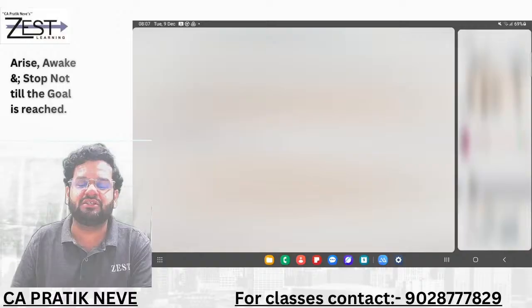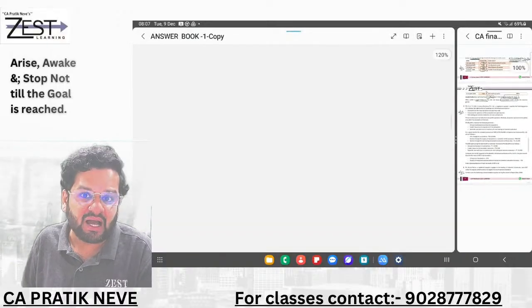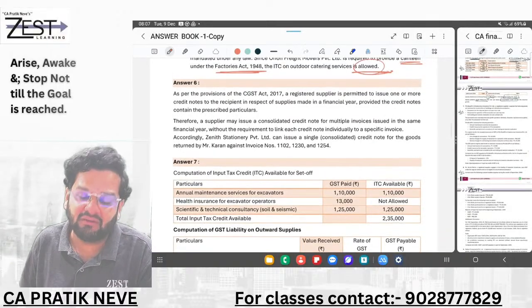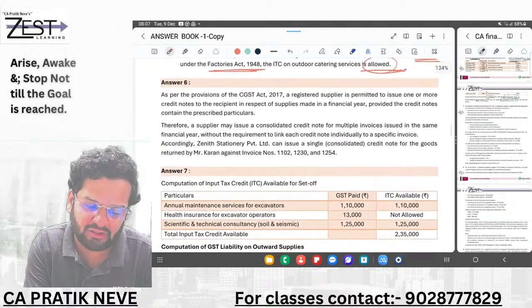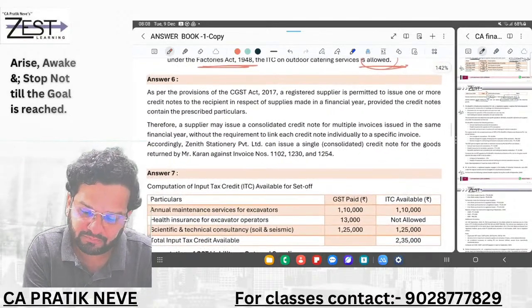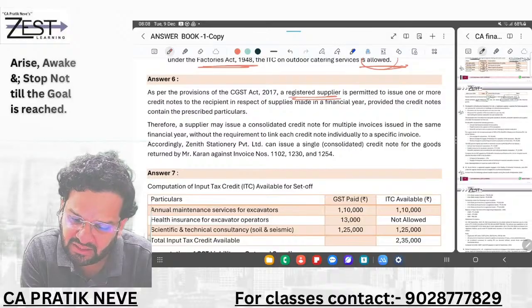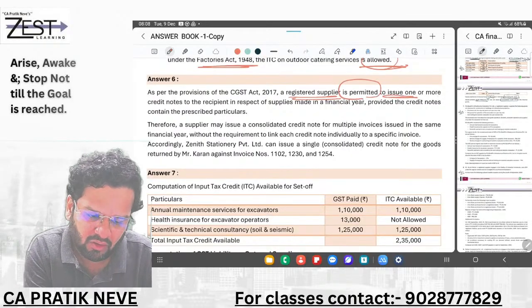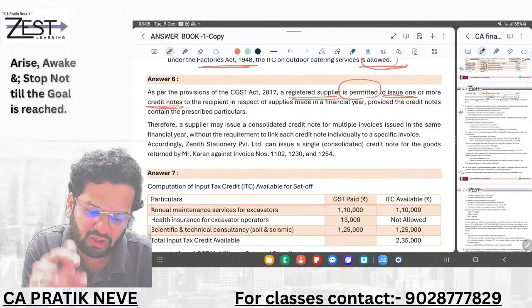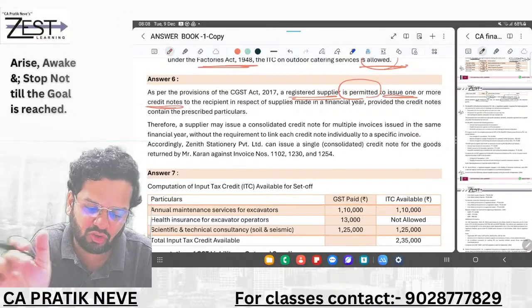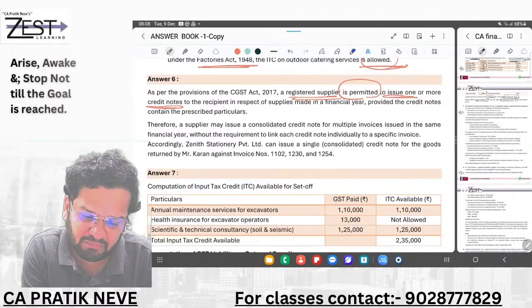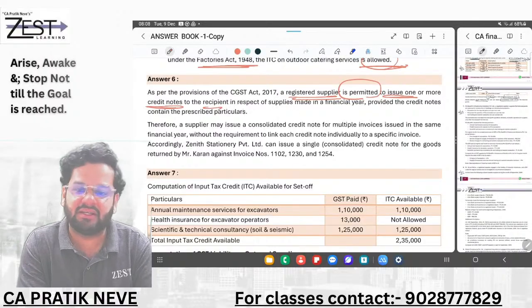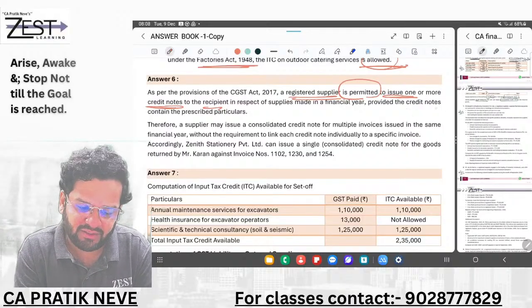There is a provision in section 34 allowing a consolidated credit note or debit note. So a registered supplier is permitted to issue one or more credit notes, which means one is also okay, to the recipient in respect of supplies made in a financial year, provided the credit note contains prescribed particulars.